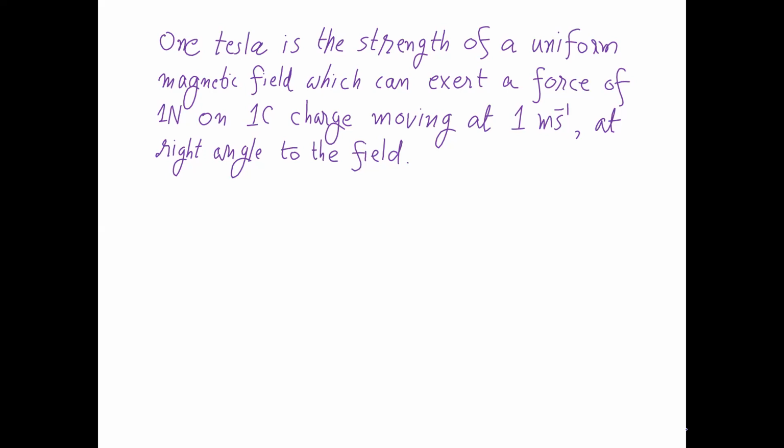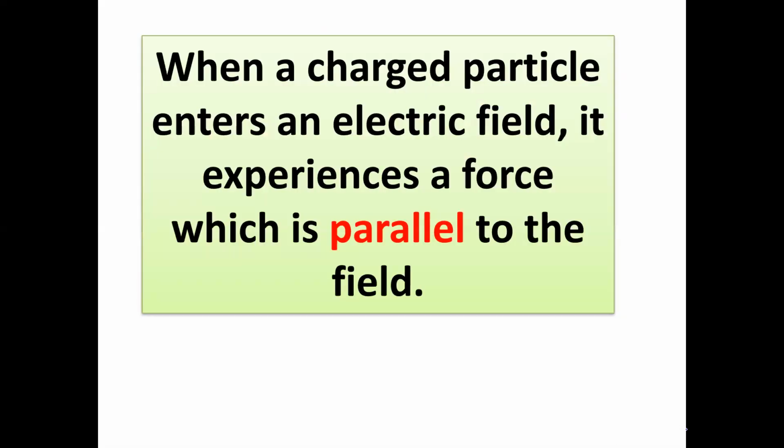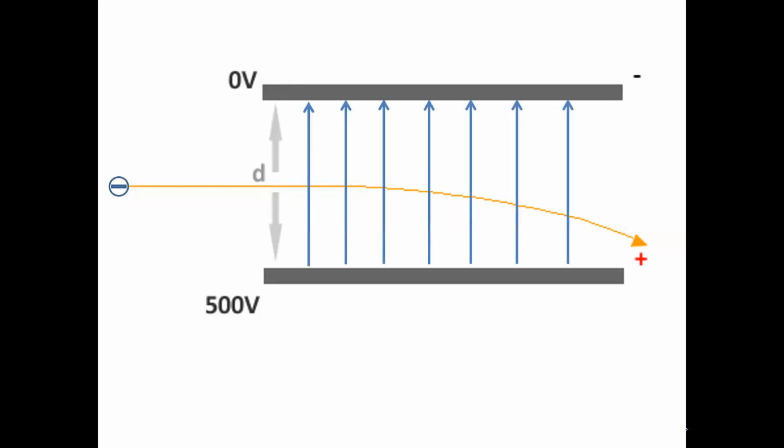Done, sir. Now, behavior of charged particle in electric and magnetic field. When a charged particle enters an electric field, it experiences a force which is parallel to the field. This was in our AS and it was in A2 also when we were doing the E-field chapter. Look at this screen: the arrows are upward and the force on the charged particle is downward because the charged particle is negative.